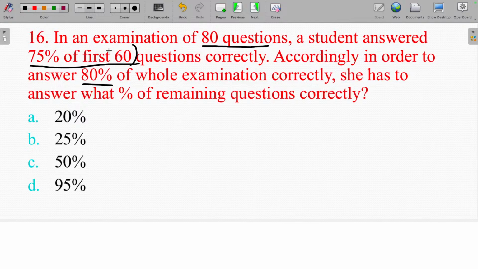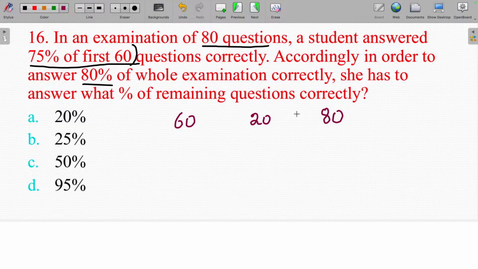According to the first statement, how many questions do you have in the exam? 80 questions, yes, you have 80 questions in your exam. In the first paper, how many questions did you attend? 60. You attended 60 questions in the first paper, which means we have 20 remaining questions.